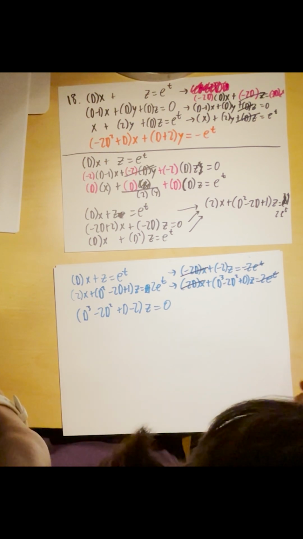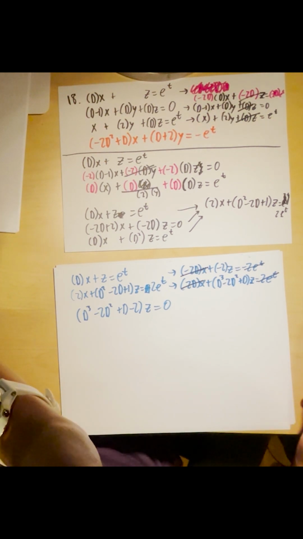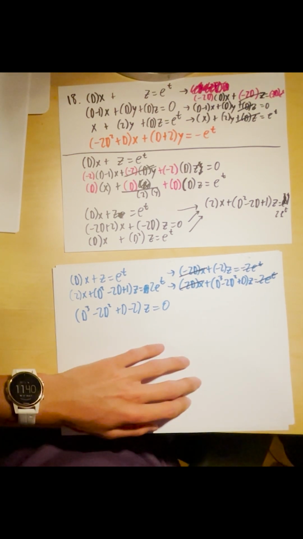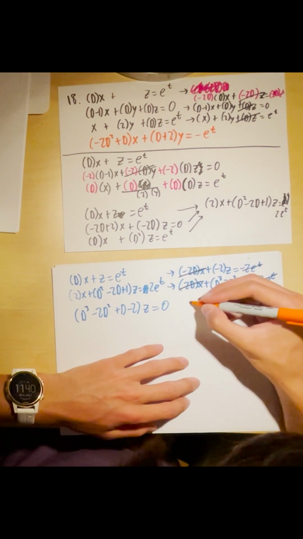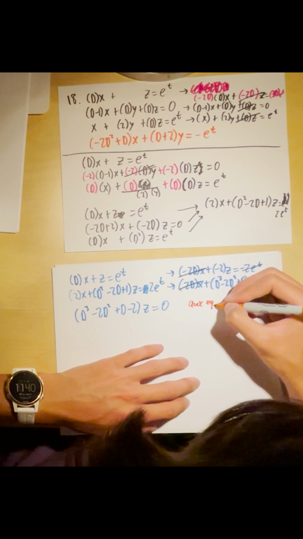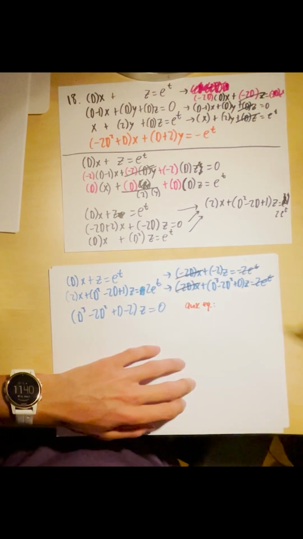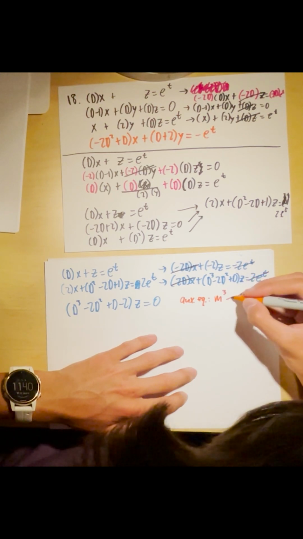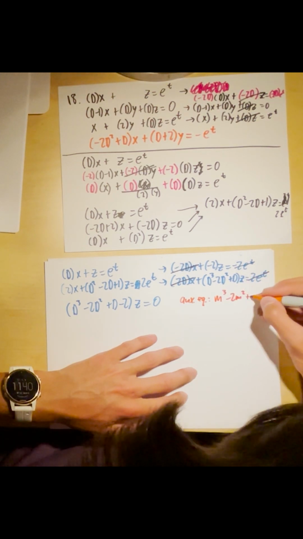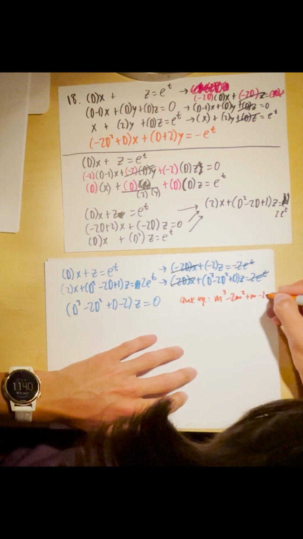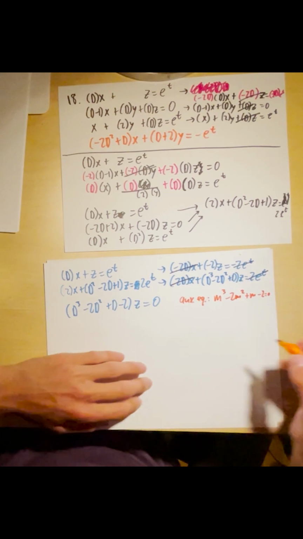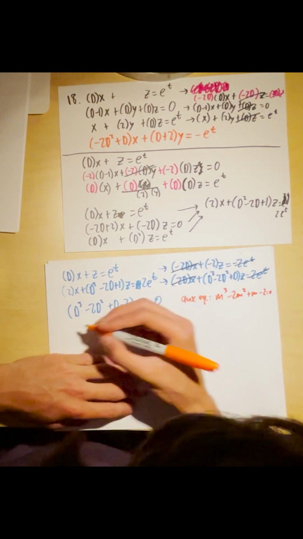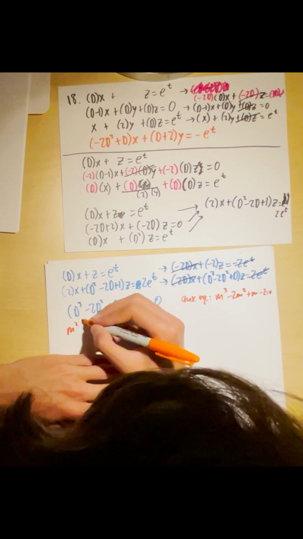And so in this next step, we can still do the auxiliary equation. And since we have the d's all factored out, this is just going to be m cubed minus 2m squared plus m minus 2 equals 0. And what I notice is we can take an m squared out of the first two terms.